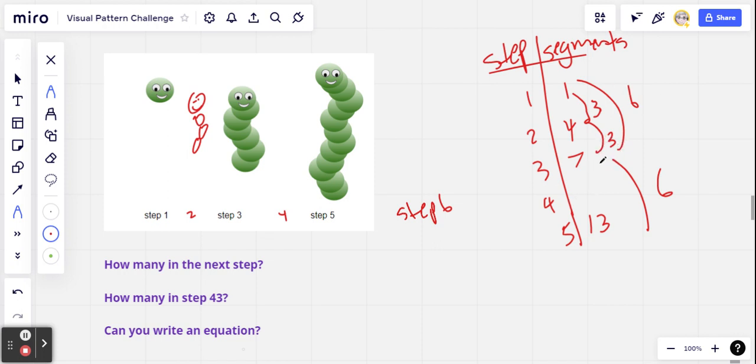So same for step 4, we'd add 3 more. So 7 plus 3 would be 10, and then that difference there would be 3 as well. Yeah, that looks right. So here in step 4, I'd have my smiley guy, and 1, 2, 3, 4, 5, 6, 7, 8, 9, 10. Okay, so I think I see the pattern here pretty clearly.